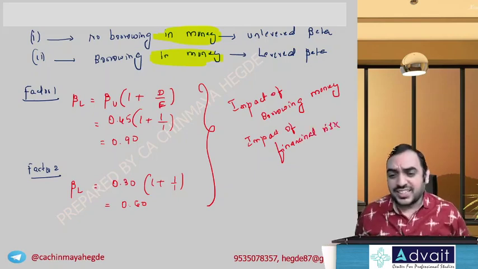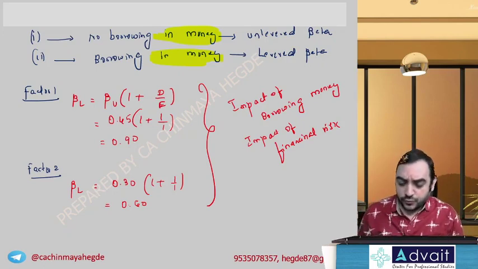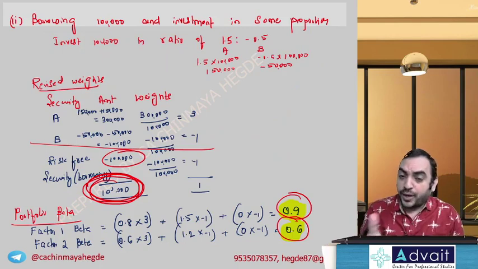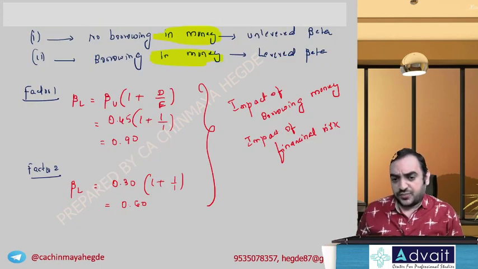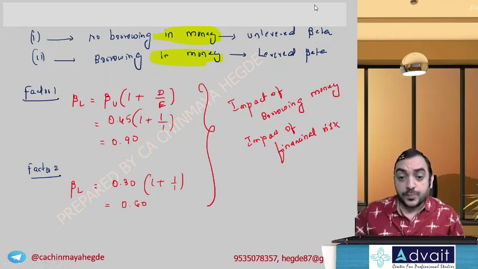Okay, this is just for your reference, a conceptual discussion, not required for the exam. For the exam, computing 0.9 and 0.6 is sufficient. Okay, two more parts to the question are there. Let's discuss that.